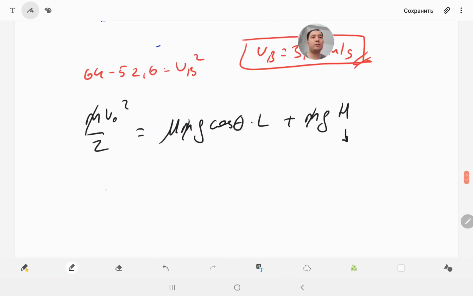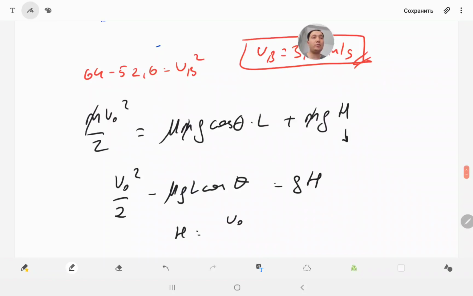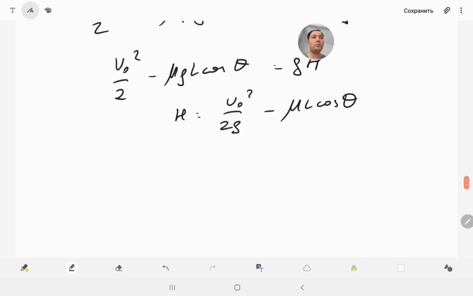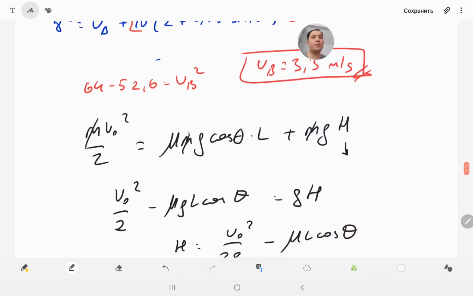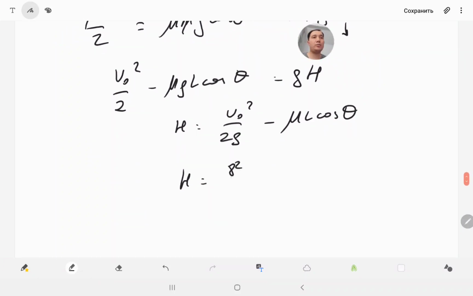Mass cancelled. So initial velocity squared divided by 2, minus mu g L cosine theta, equals gh. So from here h equals v squared over 2g, minus mu L cosine theta. So h equals, what was the initial velocity? 8. 8 squared over 2 times 10, minus 0.4 times 0.75 times cosine 30.